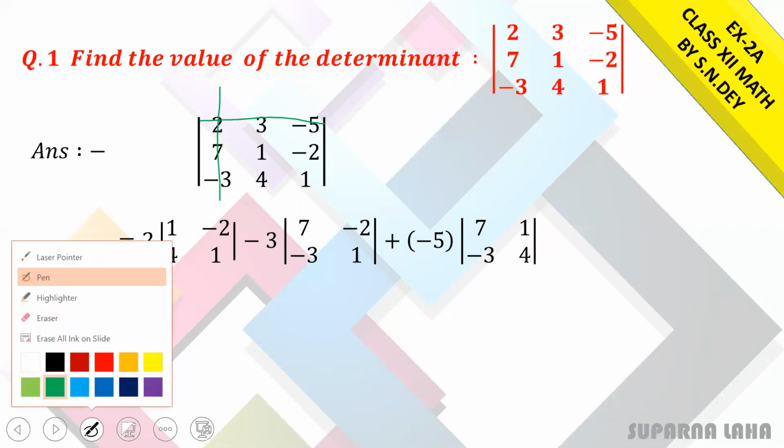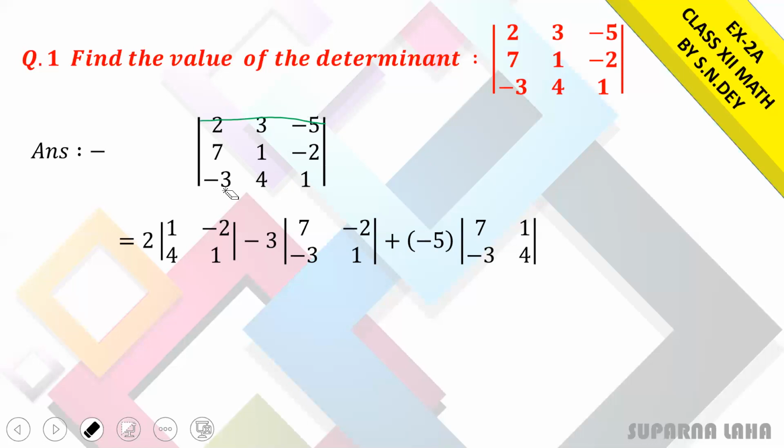Now remove the first row and the second column. So we will write 3, and since this is the term a12, the sign will be minus. So minus 3 into the remaining elements 7, minus 2, minus 3, 1.